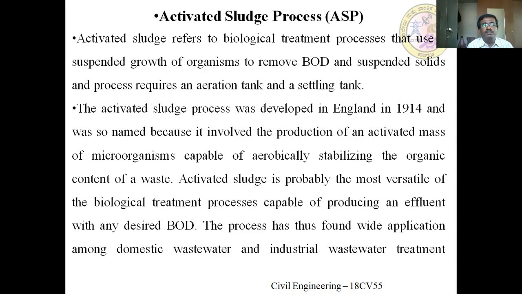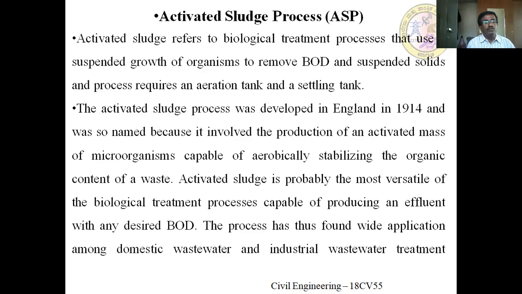The activated sludge process was developed in England in 1914 and was so named because it involved the production of an active mass of microorganisms capable of aerobically stabilizing the organic content of a waste. So the combination of microbes plus the organic matter is termed an active mass. Activated sludge is probably the most versatile of the biological wastewater treatment processes, capable of producing an effluent with any desired BOD.